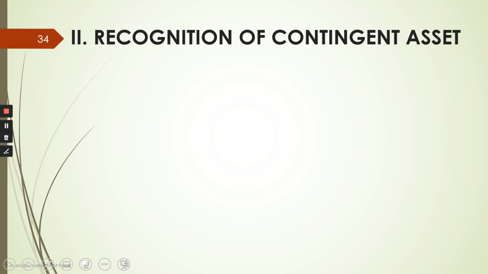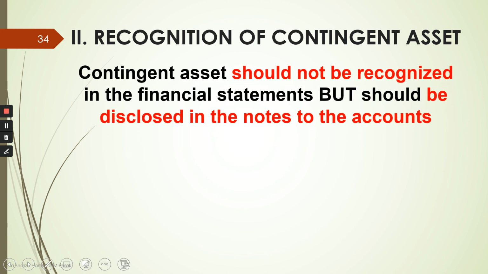So let's look at the recognition criteria for our contingent asset, not intangible asset. I'm sorry. A contingent asset should not be recognized, meaning that it shouldn't be recorded in the financial statement. There shouldn't be any debit or credit to the contingent asset.